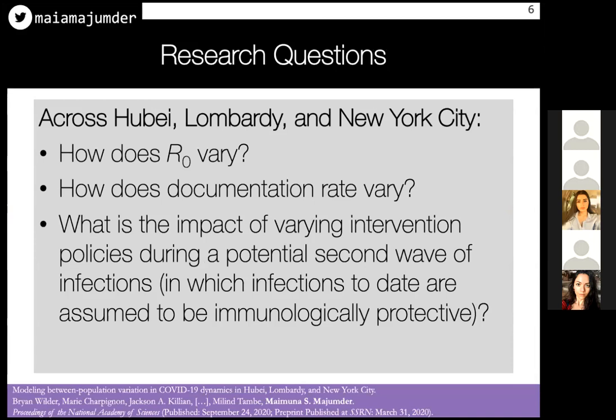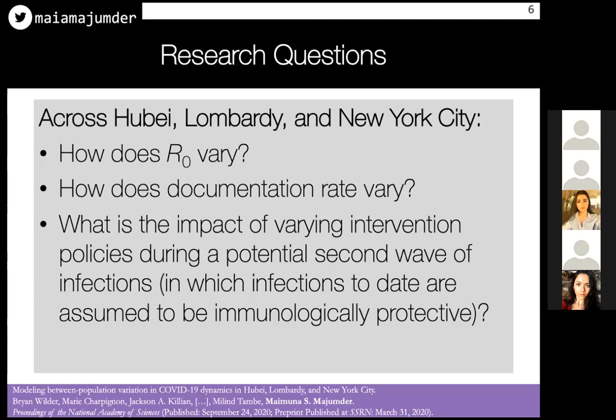Recalling the context dependence of the transmissibility potential associated with the given pathogen, the first question we wanted to answer was, how does R naught vary across locations? Second, recalling issues with documentations of infections that I mentioned at the forefront of this presentation, how does documentation rate vary across locations?